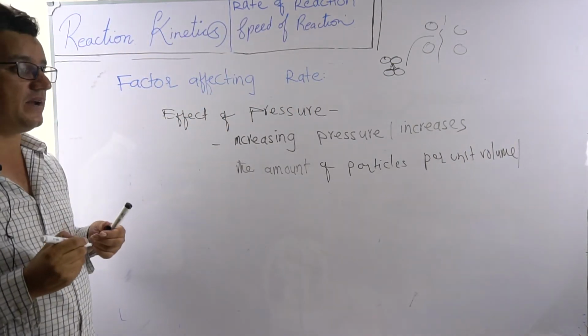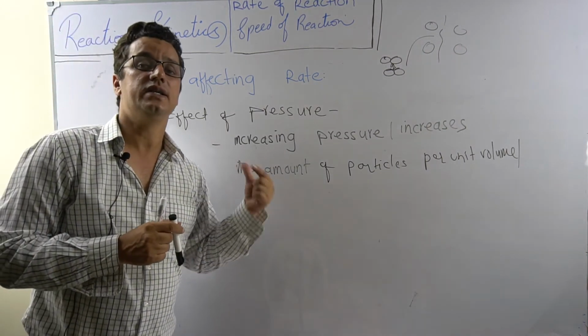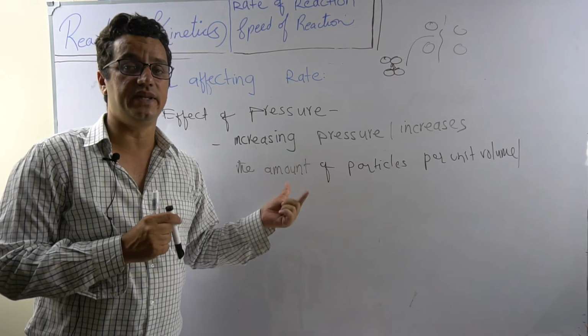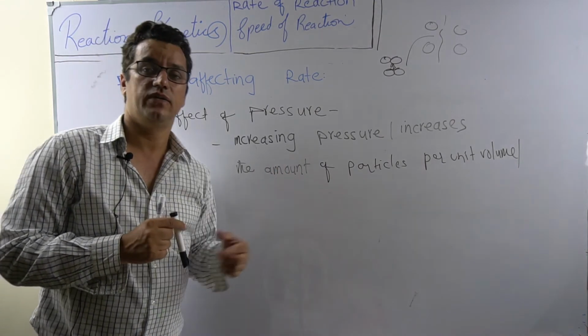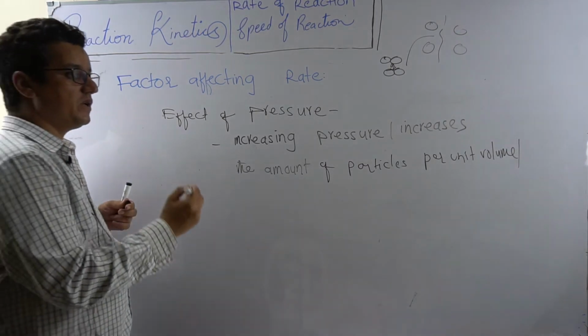Remember, sometimes the effect of pressure will be asked in the form of dynamic equilibrium, where we'll state something different in reversible reactions. But here, increasing pressure increases the amount of particles per unit volume.